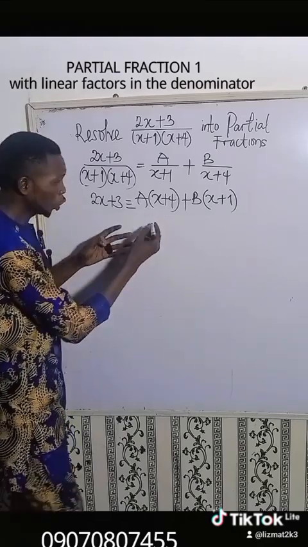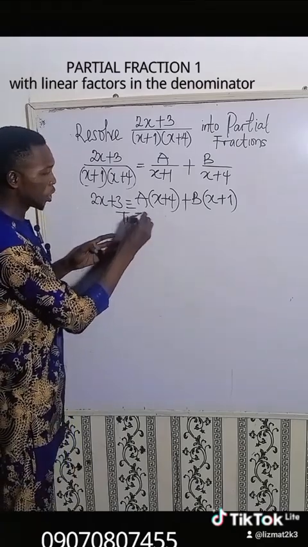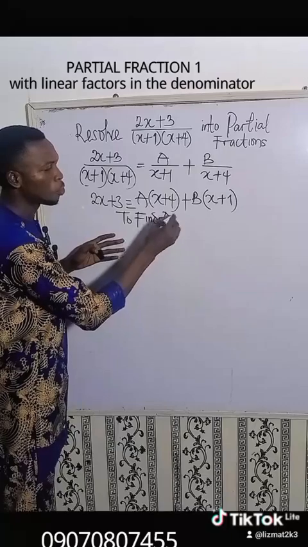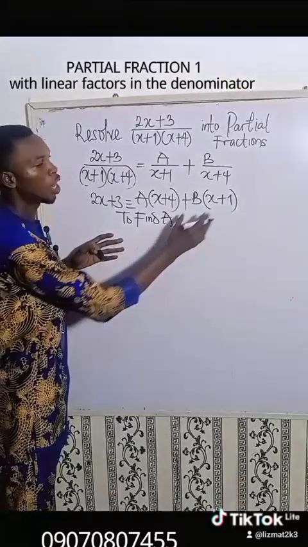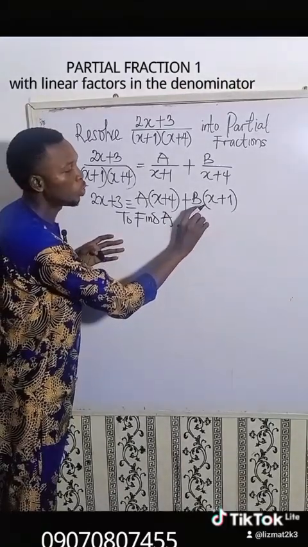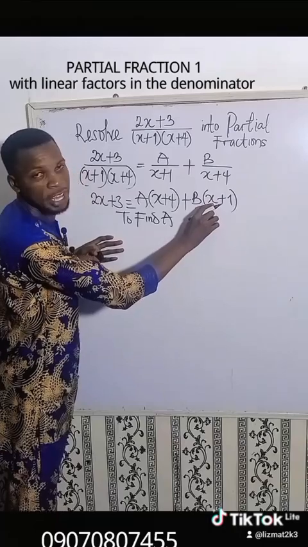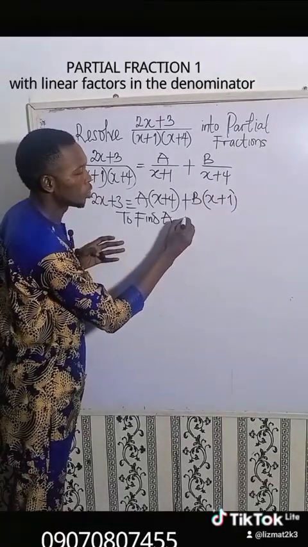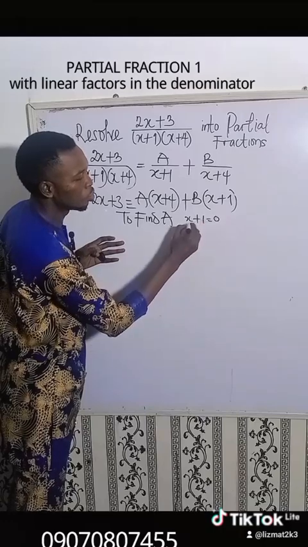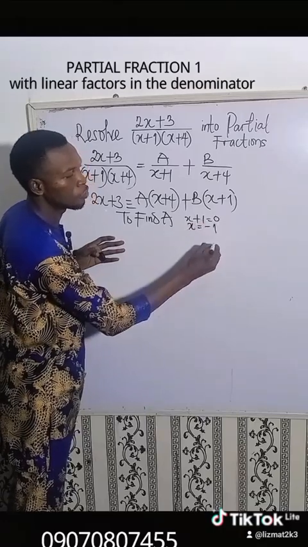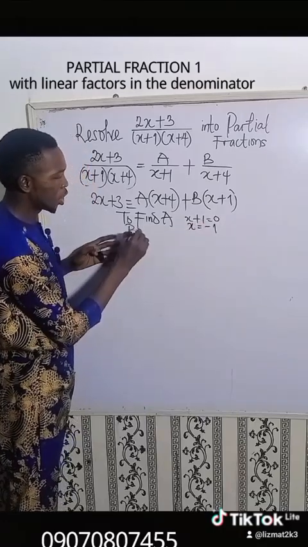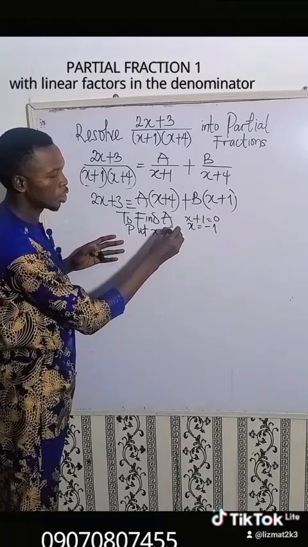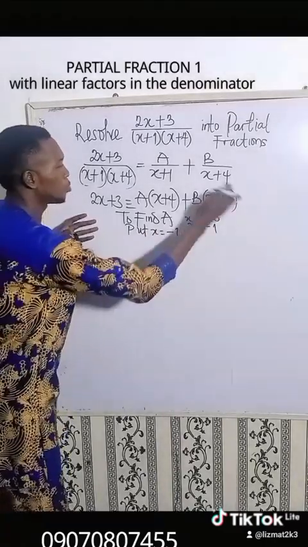Now, I'm going to find A. If I am to find A, I'm going to eliminate B. For me to eliminate B, what value of x can I put here such that everything here will be 0? I will just say x + 1 is 0. That means x is equal to negative 1. So to find A, I'll put x = -1 so that B will be eliminated.